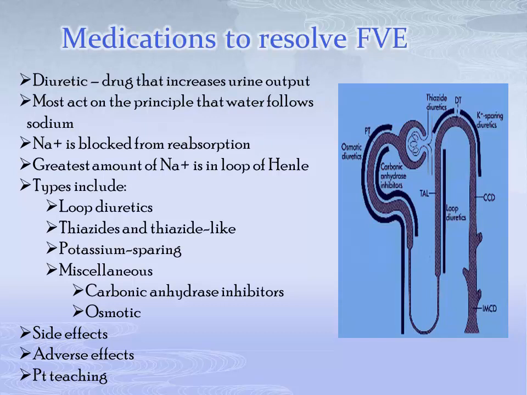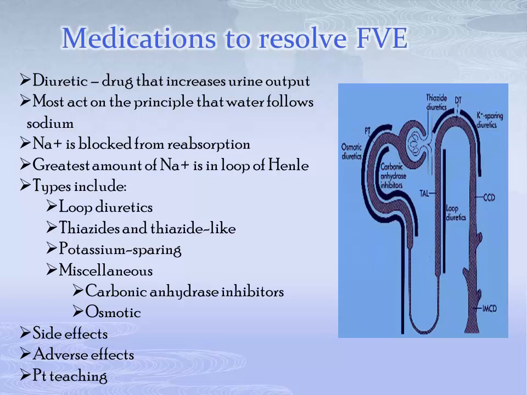The greatest amount of sodium in the renal tubule is in the loop of Henle. And that's that thin little loop that goes down. And so that's where most of your loop diuretics are going to work.